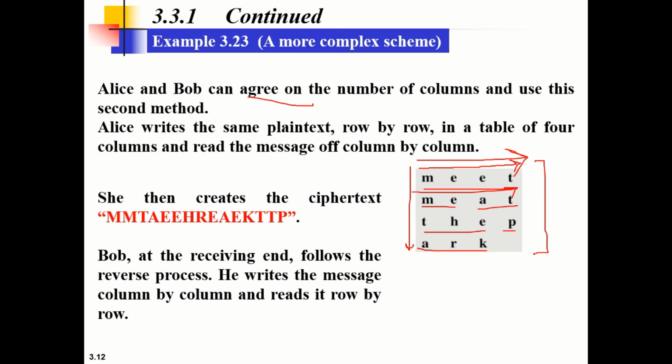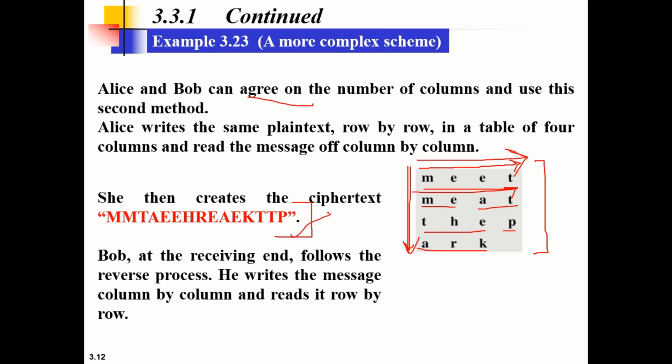Now for getting the encrypted message or the cipher text, what do we do? We read it column by column. So how do we read it? M, M, T, A, E, E, H, R, and so on. So this is the cipher text we get out of it, right? So this is the encryption part.